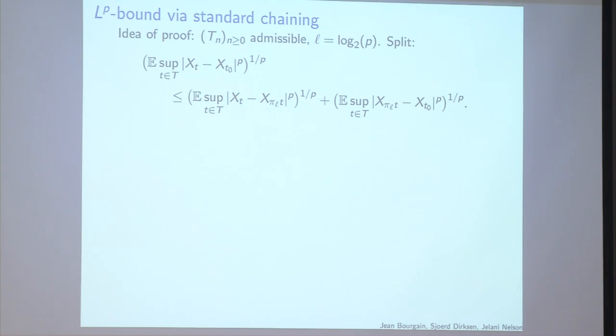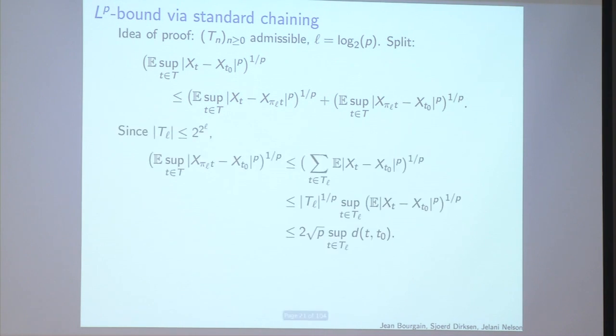And now the thing we already saw this morning is that I can estimate this second part very easily. Because this set has only 2 to the 2 to the l elements, I can estimate the sup very crudely by a sum, and then estimate this sum by the largest term, which I will get |T_l| times, and this will then appear with power 1 over p. So this is bounded by 2.